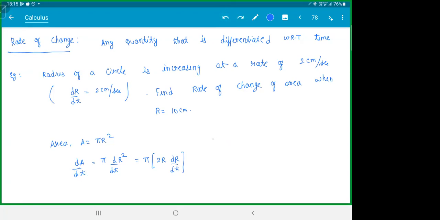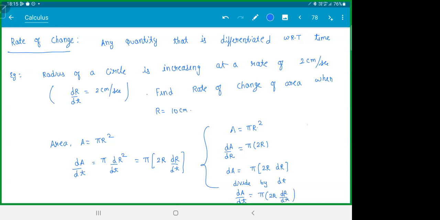Now, if you're not okay with this, you didn't like this, another way to do this thing is A is equal to pi r square. Since A is depending on r, differentiate with dr. This will be pi into 2r. Send dr that side. Divide by dt on both sides. That will be dA by dt is equal to pi into 2r dr by dt.